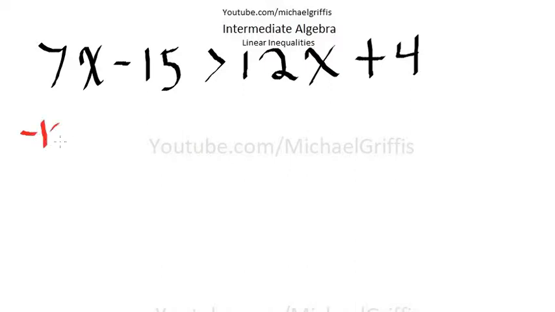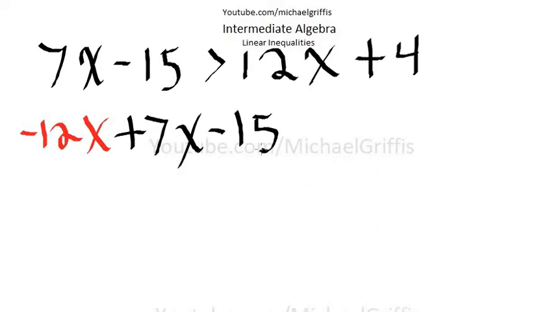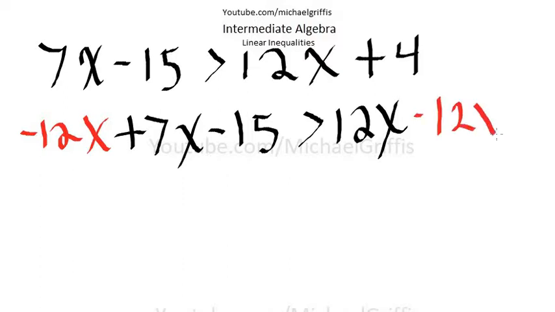So subtracting 12x from both sides, we have 7x minus 15 is greater than 12x, and I'm going to write minus 12x here, and then plus 4. So we're just subtracting 12x from both sides, trying to get our x's over to one side of this linear inequality.